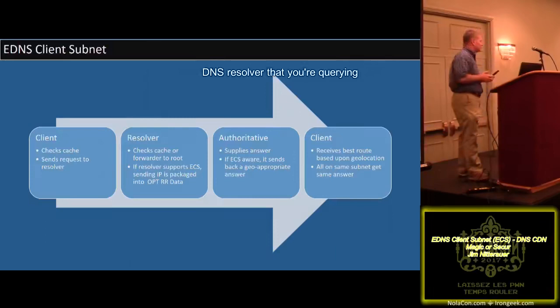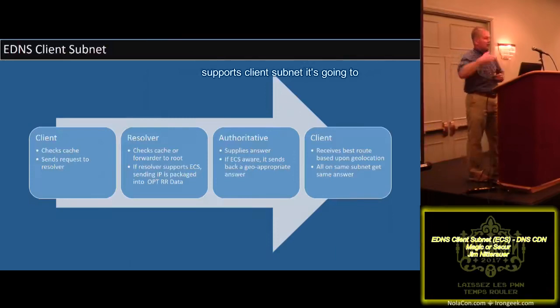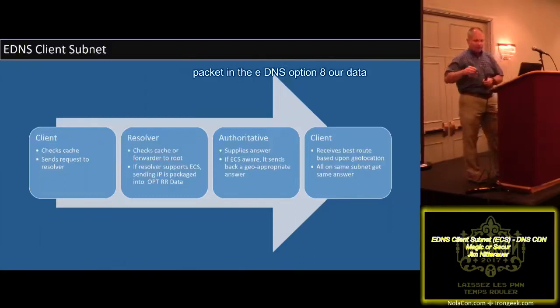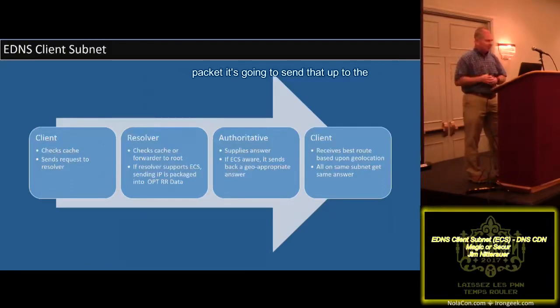Problem here: if the DNS resolver that you're querying supports client subnet, it's going to append your local IP address, or your machine's IP address in this case, to the DNS packet in the EDNS option 8 data packet. It's going to send that up to the next server. The next server is going to say, oh, I support this too. I see this came from that computer down there. Okay, I'm just going to forward it on to the next guy, and it keeps going up and up the chain.